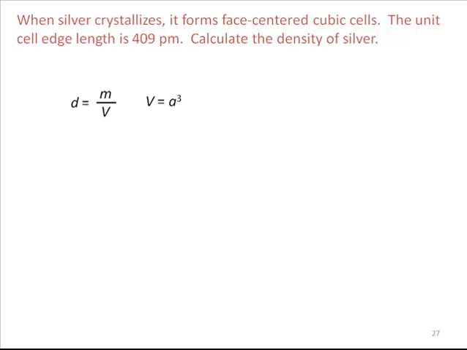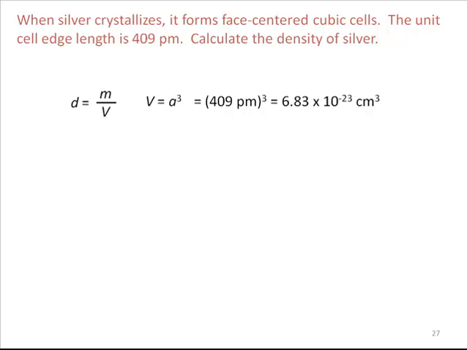The volume is equal to the cell edge length, which is 409 picometers. So 409 picometers, you cube that, you get 6.83 times 10 to the negative 23rd centimeters cubed.